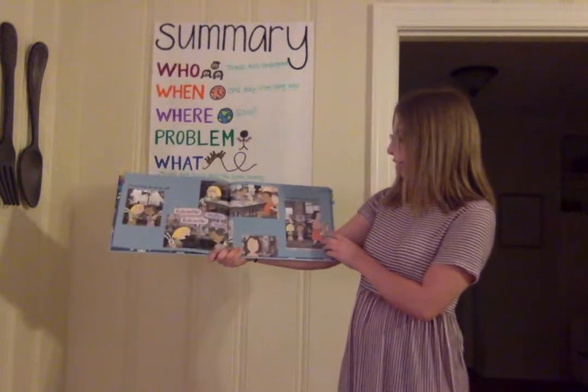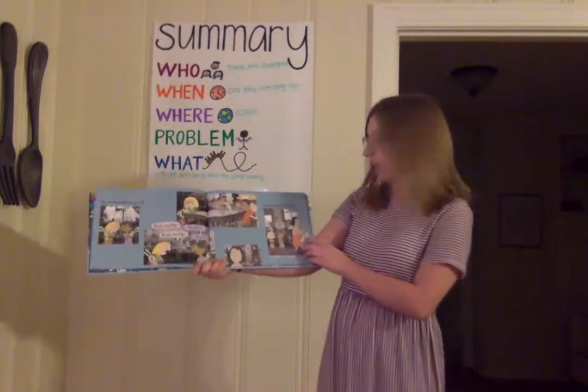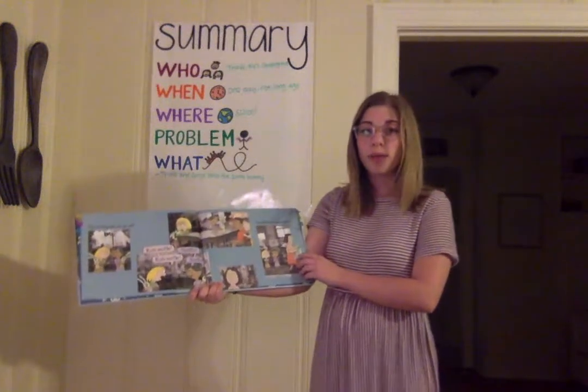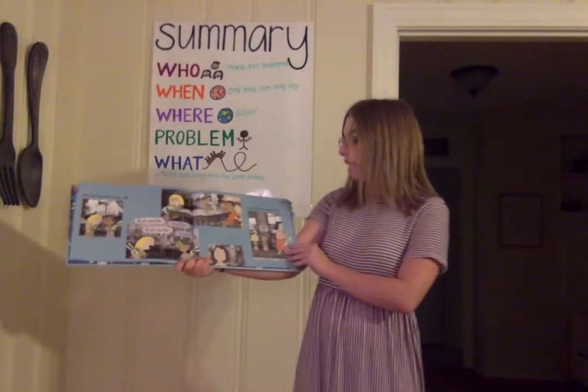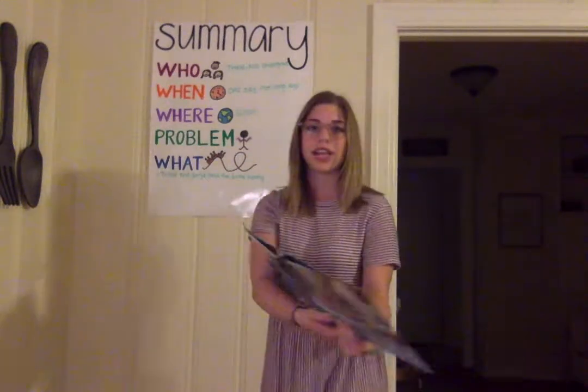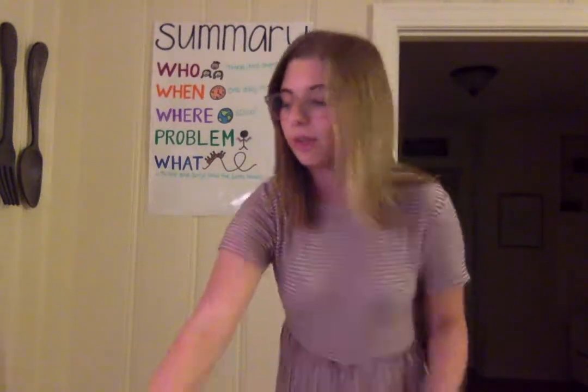So look right here. Trixie and Sonia got their Knuffle Bunnies taken up. That seems like a problem, but I think that it may not be the biggest problem of our story. So I'm going to write that underneath the what and just say that it's a big thing that happened in the story.